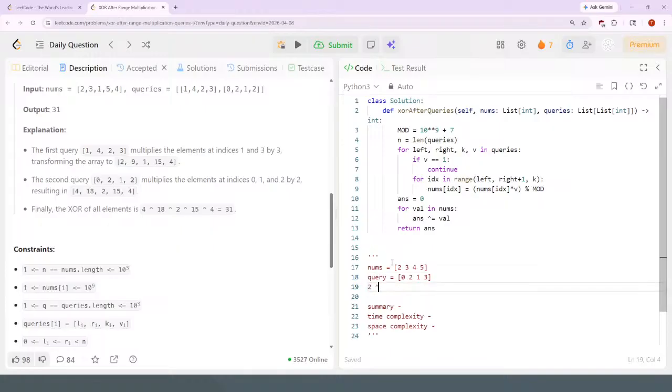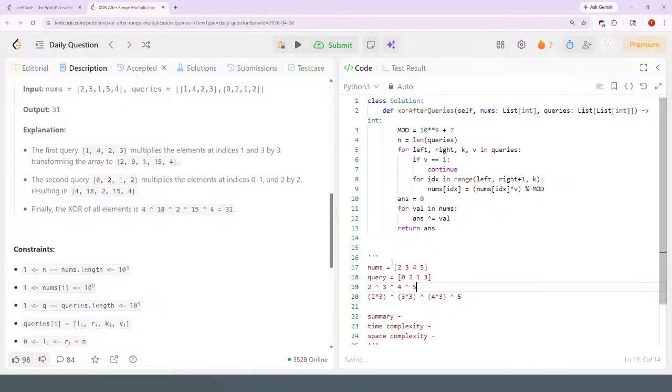Originally this is 2 XOR 3 XOR 4 XOR 5, and now this is 2 times 3 XOR 3 times 3 XOR 4 times 3 XOR 5.